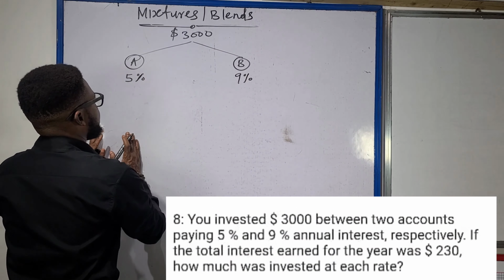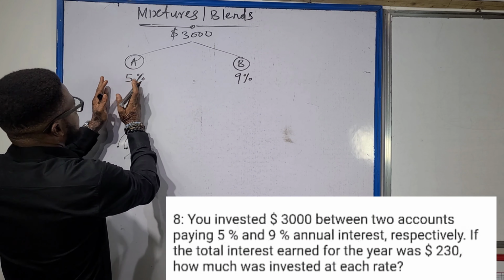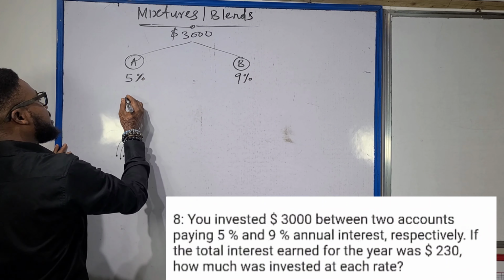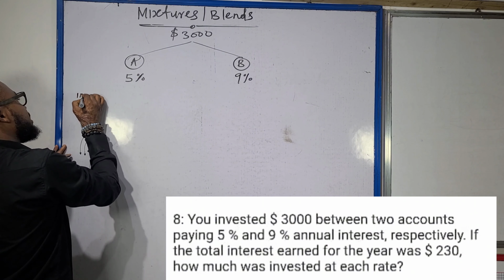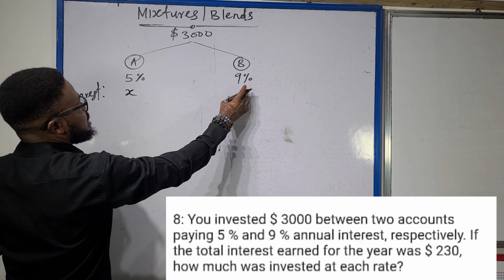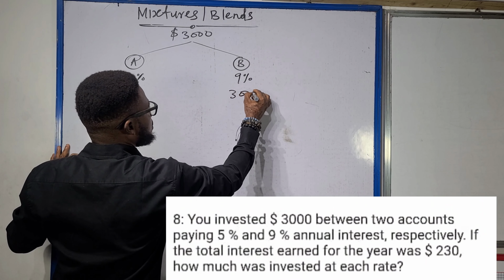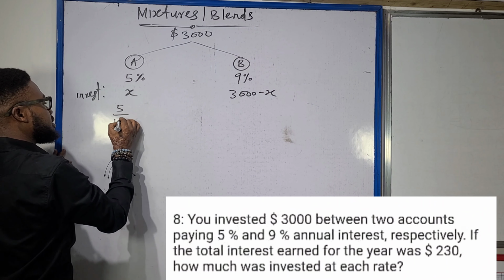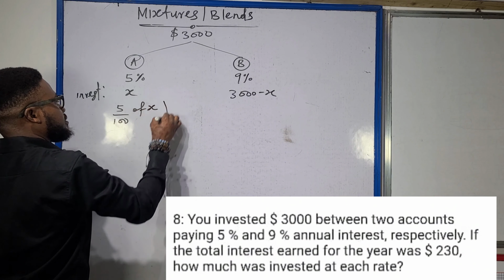Okay, now let's look at it. This is investment at 5%, this is at 9%. So I'd rather say let the investment here be X. Then the investment here will be 3,000 minus X. The implication of that is, what is 5% of X?